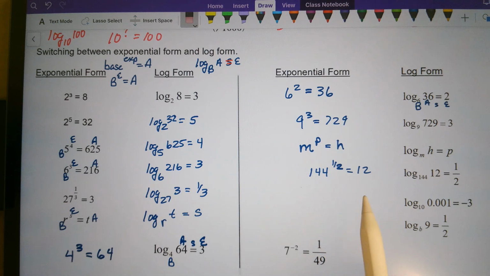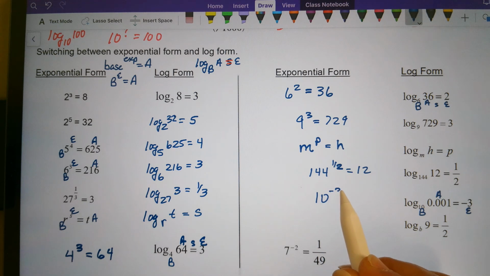And certainly you're welcome to pause and try the remaining ones on your own. But 144 to the 1/2, that's the same as square root. Square root of 144 is 12. Log base 10 of 0.001 equals -3. Our base is 10. This is base, answer, exponent. 10 to the exponent -3 equals 0.001. Log base B of 9 equals a half. Our base is B, exponent 1/2 equals 9.